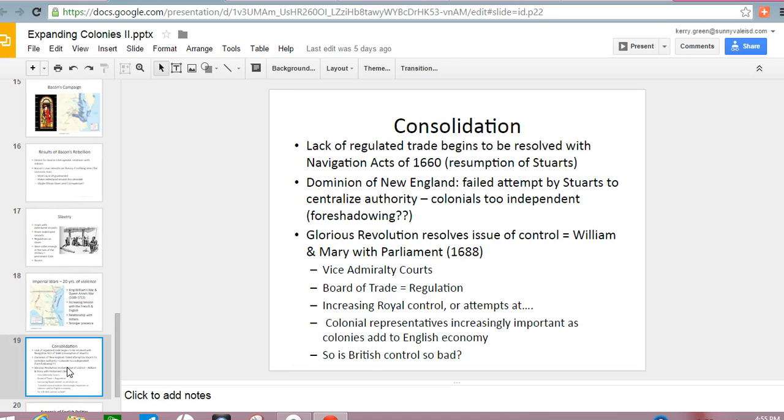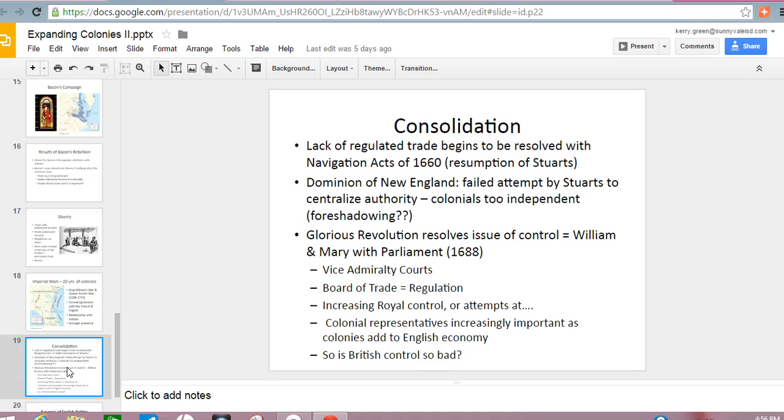So what we begin to see is an attempt, based off of politics in England, to consolidate power. I mentioned here that the Navigation Acts really start under Cromwell, and really began to take up with the Stuarts coming back in.